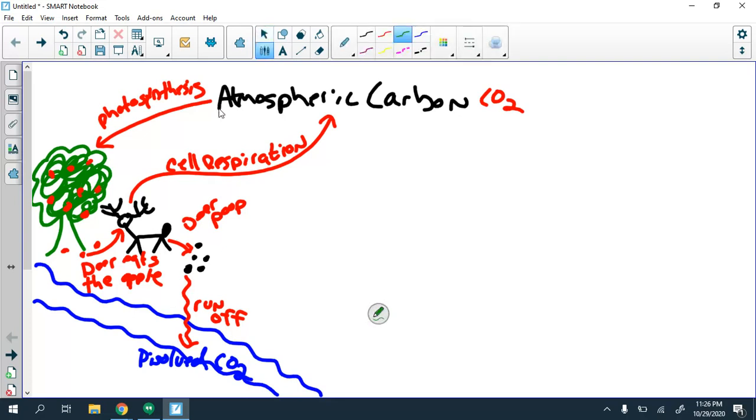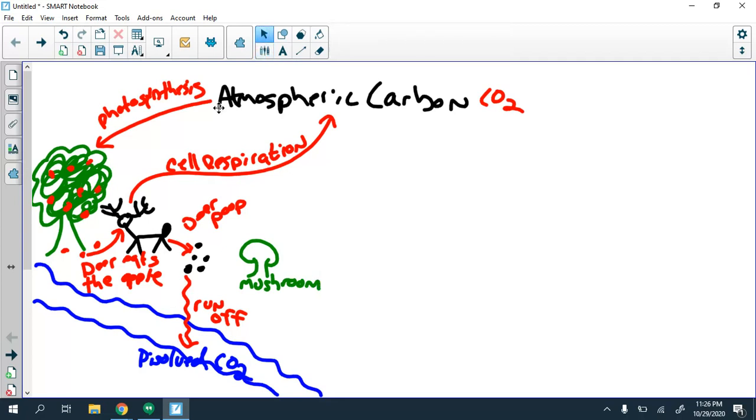Let's see. Over here, I'm going to draw that's a mushroom. So it's a mushroom. It's going to be tough to squeeze in this transition, but that's a decomposition.